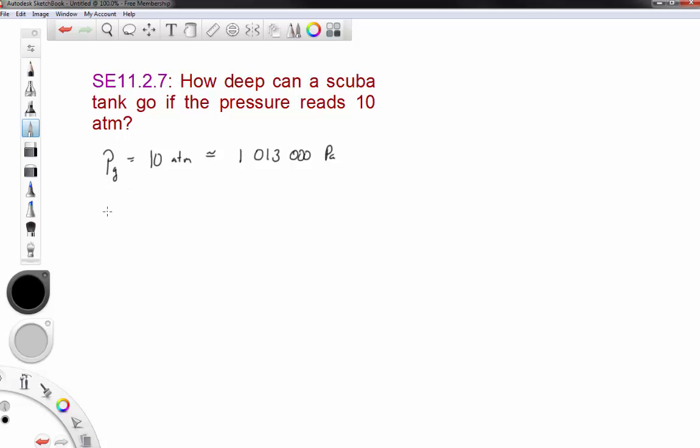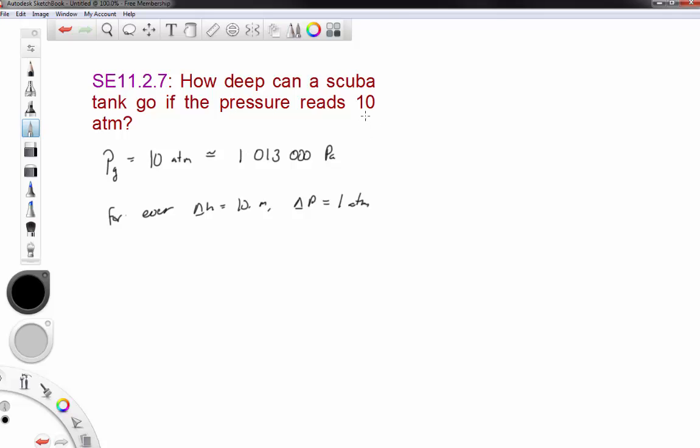So how deep can this go? Well, the rule of thumb version is, recall that for every 10 meters depth, you gain 1 atmosphere of outside pressure. So for every delta H equals 10 meters, delta P equals 1 atmosphere.